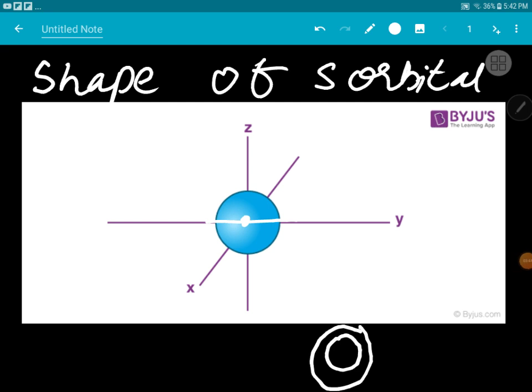Now we describe the shape of the s orbital. The shape of the s orbital is spherical, and the nucleus is the center of the sphere, and all axes cross the sphere symmetrically.